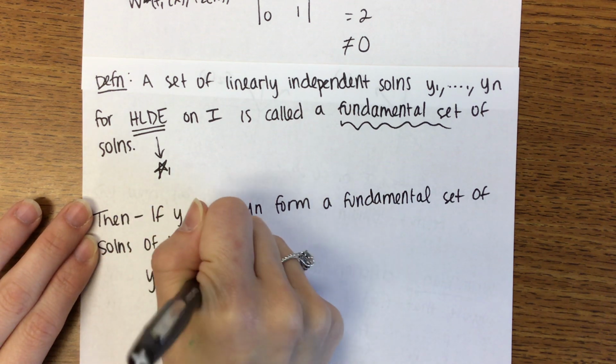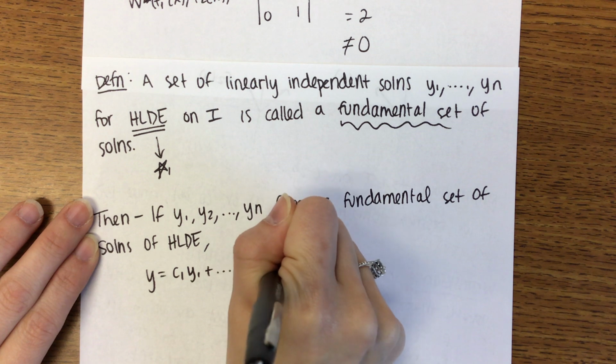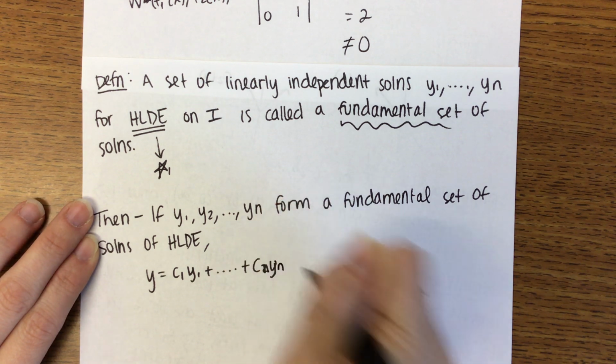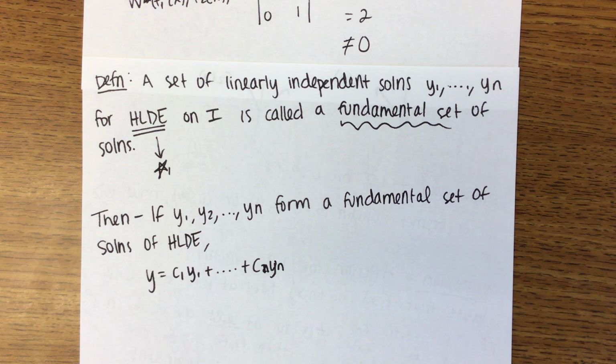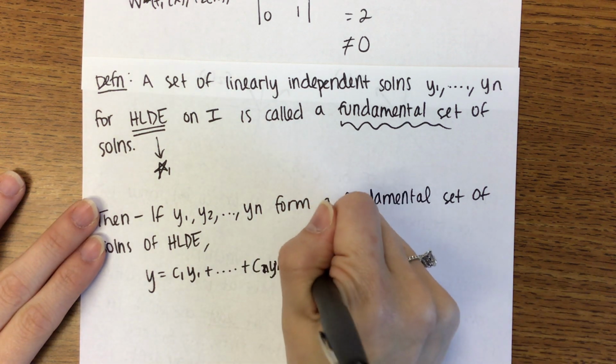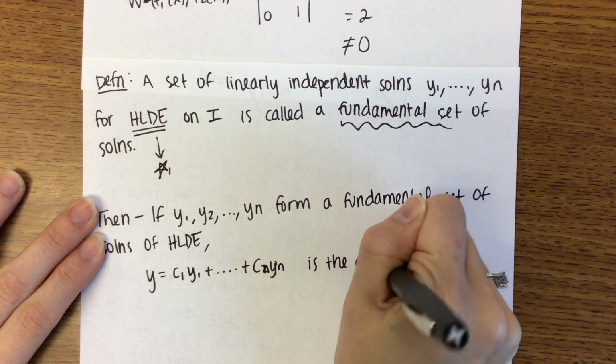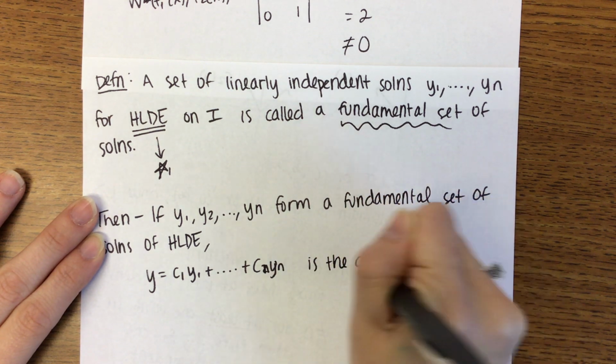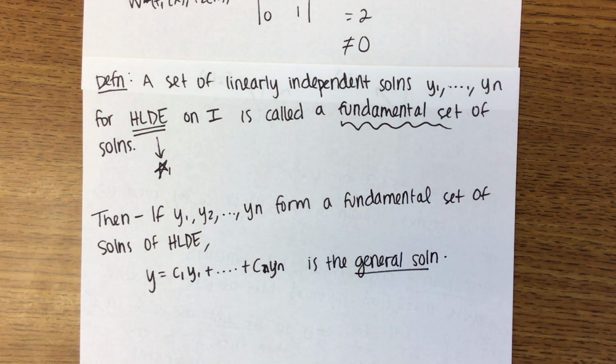That's c1 y1 all the way up to cn yn. By the superposition principle, we could add them all up with constants and make an even bigger solution. That solution y is the general solution. So we talked about that's what we really care about. We don't care about the trivial or the singular solutions. We care about the general solution. So if you have some solutions that you know and they form a fundamental set, that then can help you form the general solution.